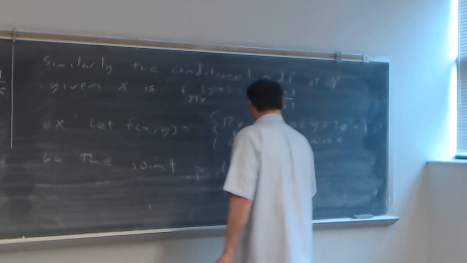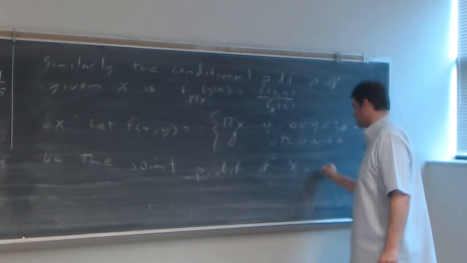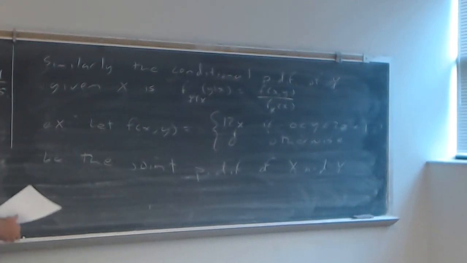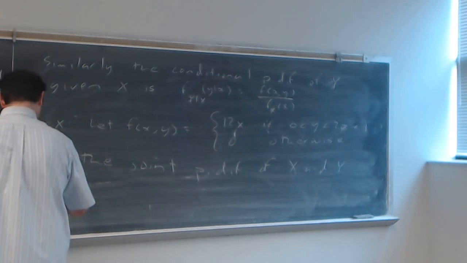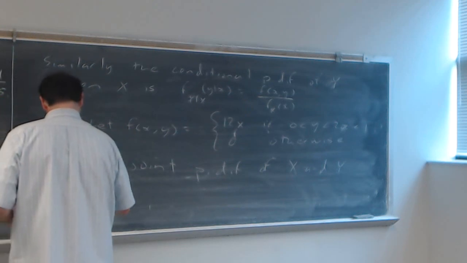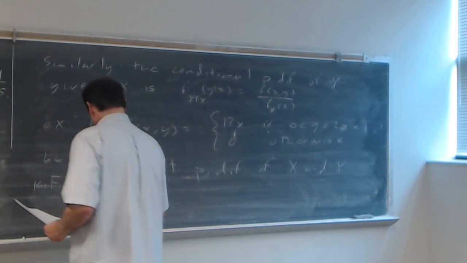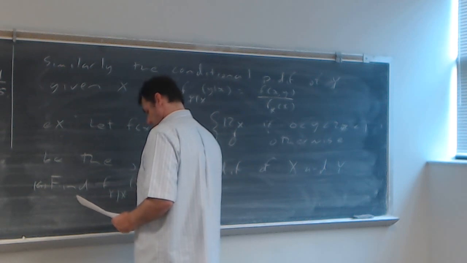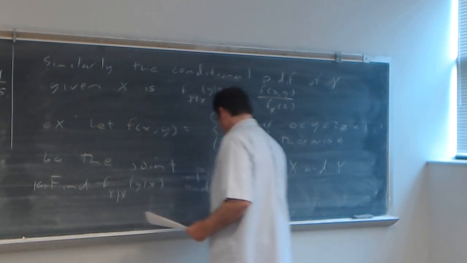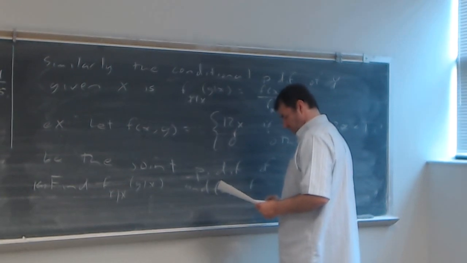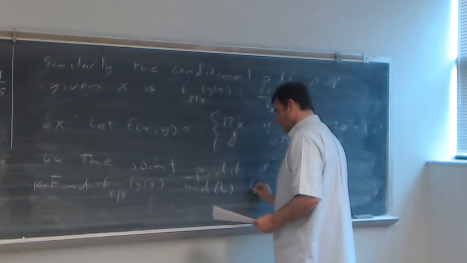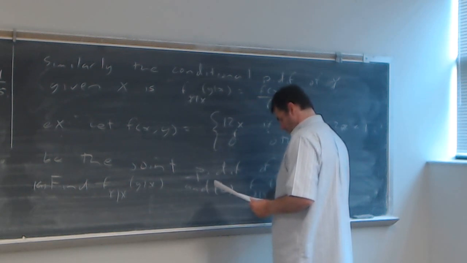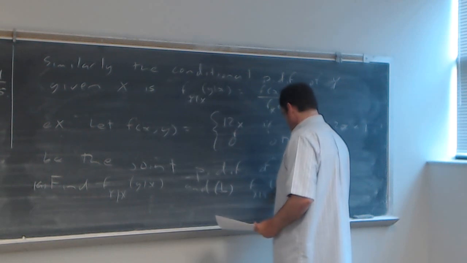Then what we're going to do is find, for part A, the conditional PDF of y given x, and for part B, we'll find the conditional PDF of x given y. Both of those.